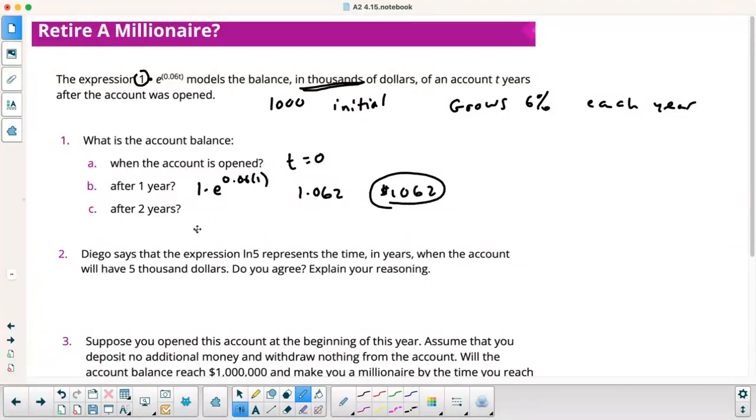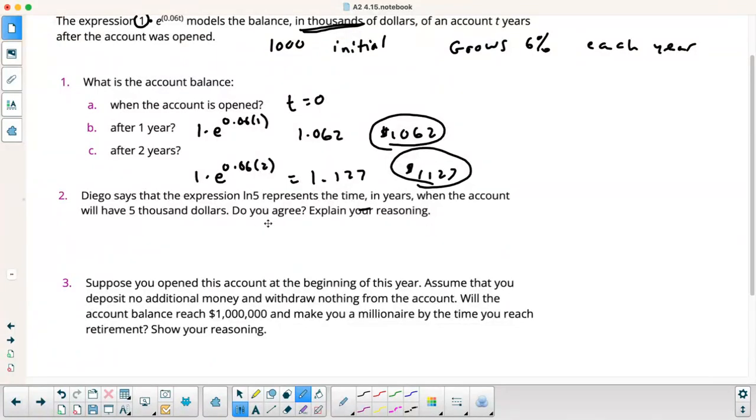After 2 years, it's 1 times e to the 0.06 times 2. So it's going to be e to the 0.12. So I get 1.127, which is $1,127 because it's in thousands.